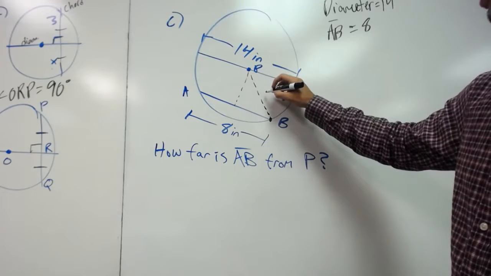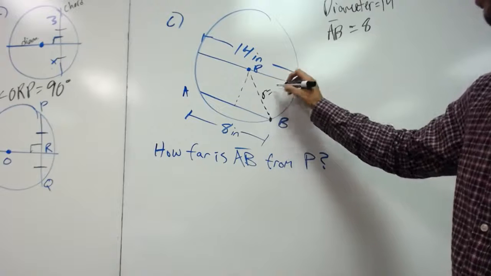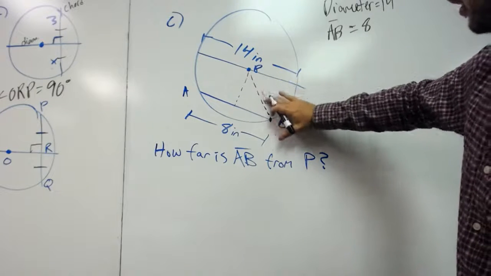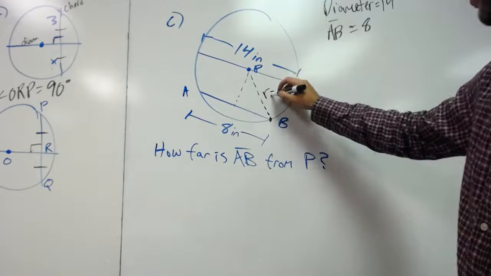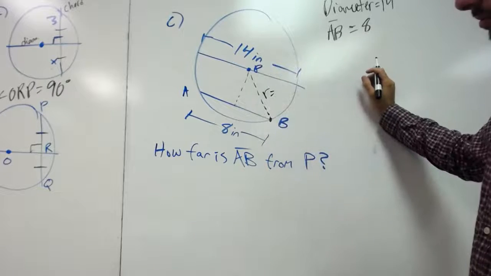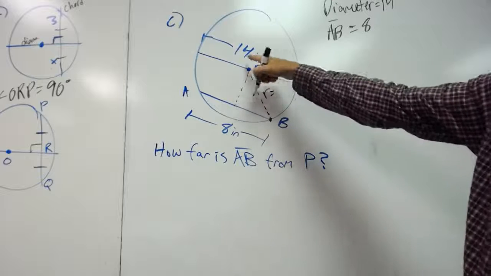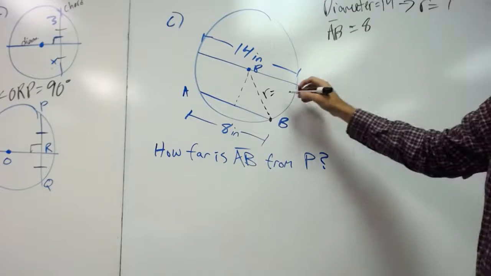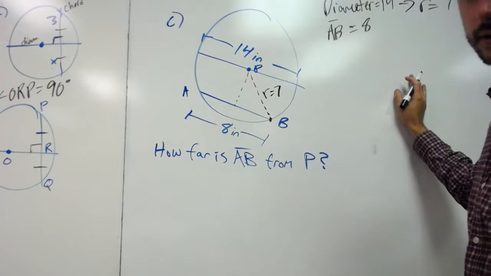Automatically we know that that is a radius. That's the definition of a radius. Kind of wrote that R weird. And do we know the radius of this circle? Yes, we do. Radius is simply 1/2 of the diameter. So therefore, the radius equals 7.